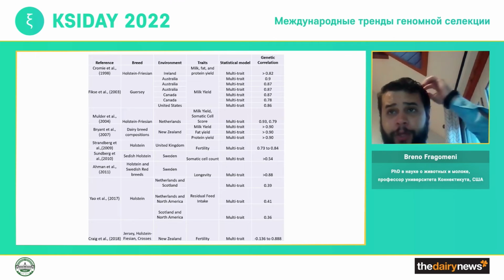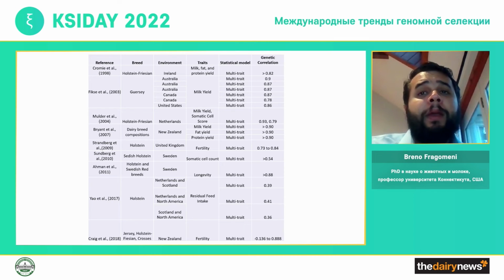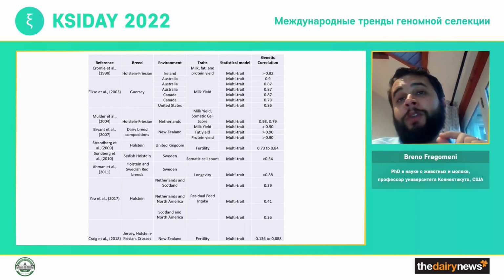information. Over here, we have a table of several genetic correlations measured across traits in several different breeds, mostly milk yield, but you're going to see that with departure from milk yield, so when you start talking about health, longevity, efficiency, fertility, the correlation decreases.